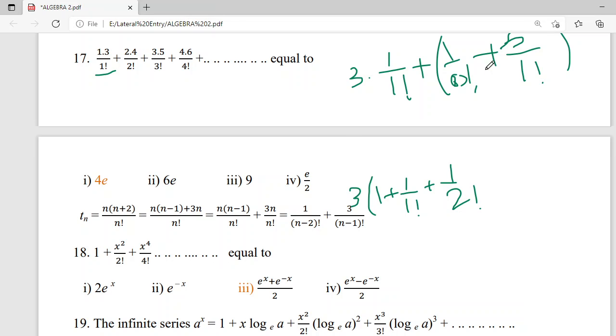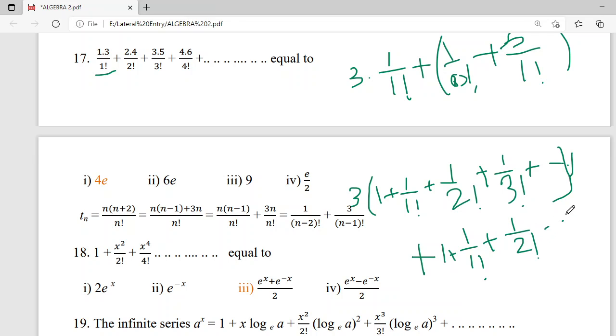So you break these things, and you have like this: 1 by 2 factorial, then 1 by 3 factorial, etc., etc. So this series is with 3, and without 3, this is 1 by 0 factorial, then you will have 1 by 1 factorial. So you will have 1 plus 1 by 1 factorial plus 1 by 2 factorial, etc., etc.